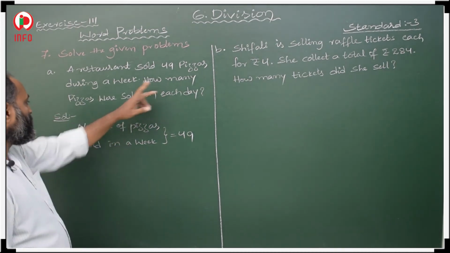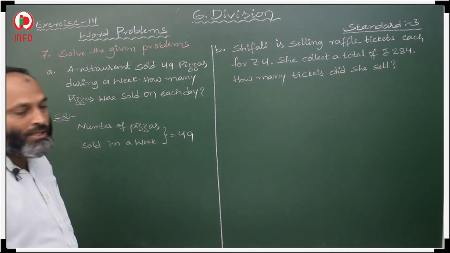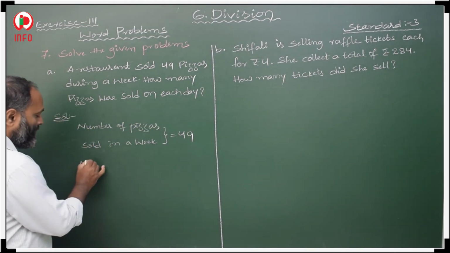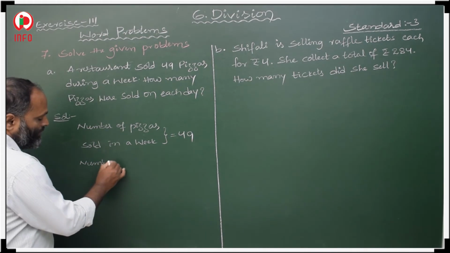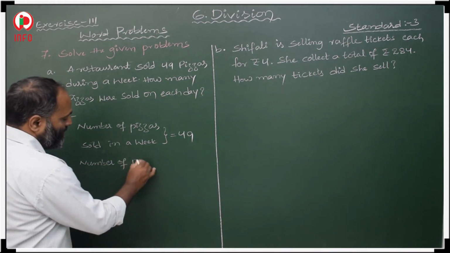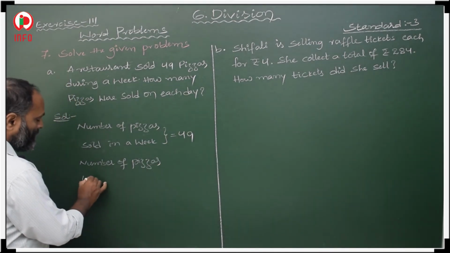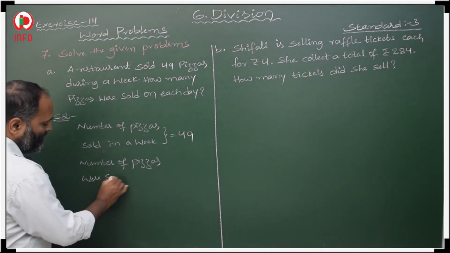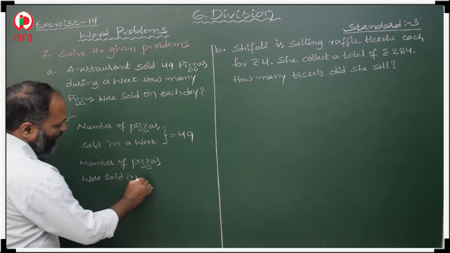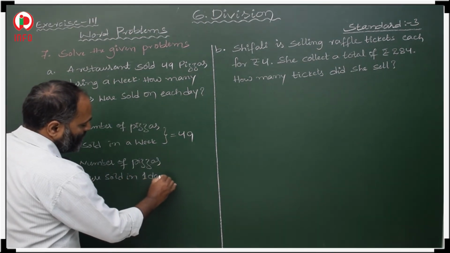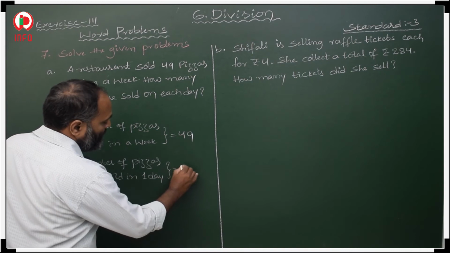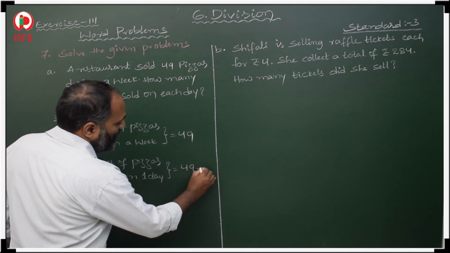Then how many pizzas were sold in each day? Next, number of pizzas sold in 1 day is equal to 49 divided by 7.